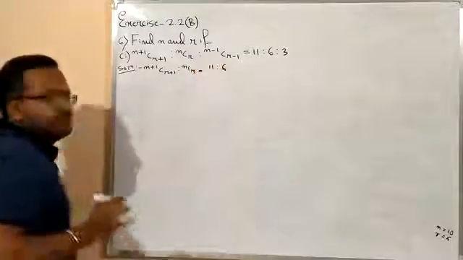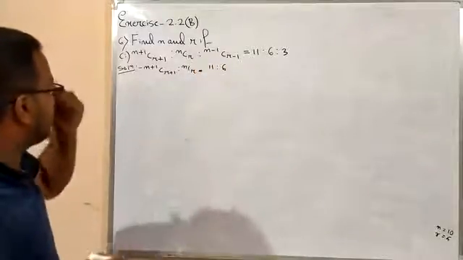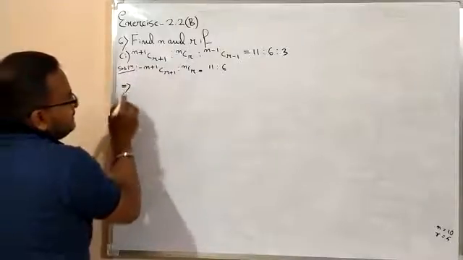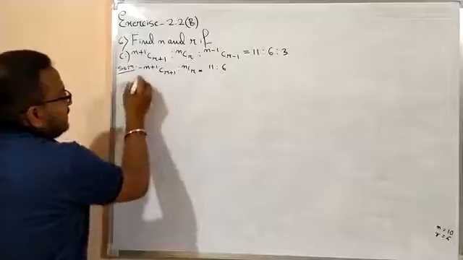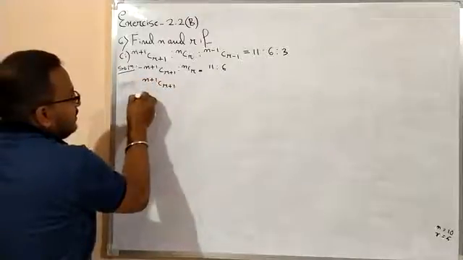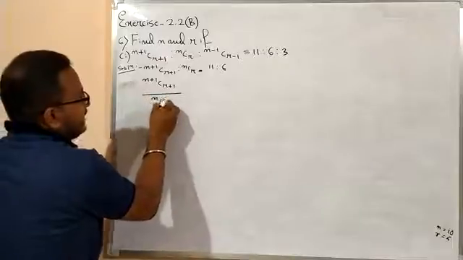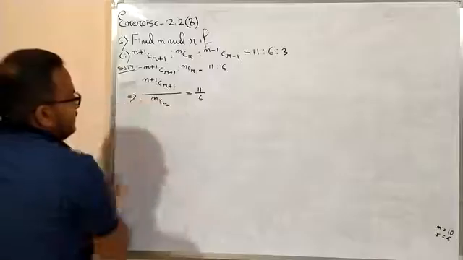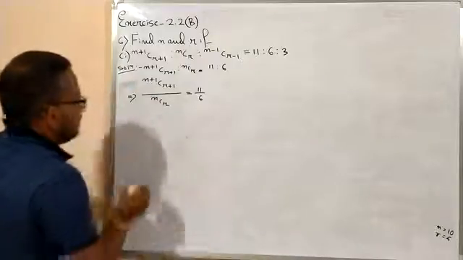I can write it, right? So first of all, let us calculate it properly. This implies n plus 1 C r plus 1 divided by nCr equals to 11 by 6. Now we have to calculate this one.